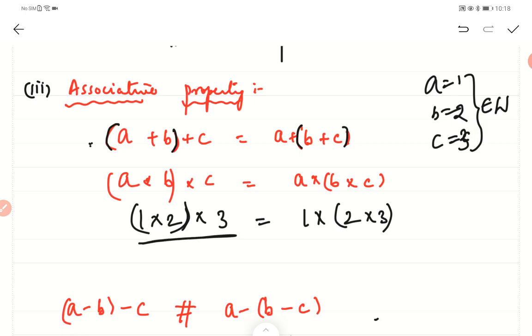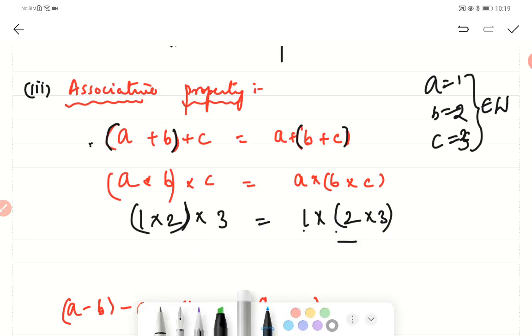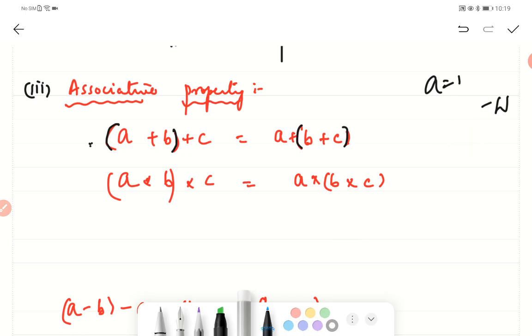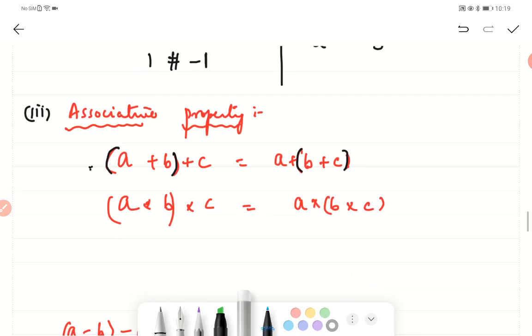So here what is the answer? 1 into 2 is 2, 2 into 3 is 6. Here you have 1 into 6. So it is how much? It is going to be 6. So it is 6 on the left hand side and also on the right hand side. So associative property is true under multiplication and addition, same as commutative property and closure property.